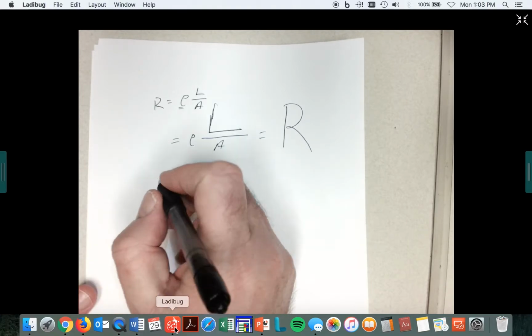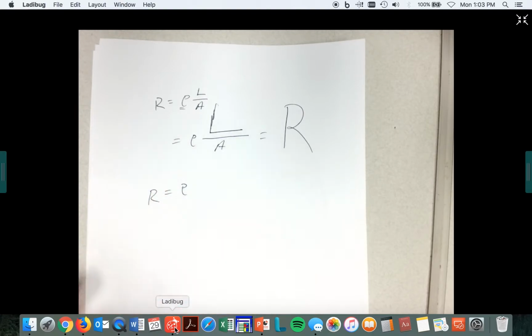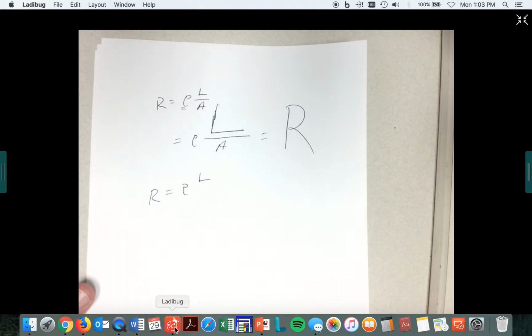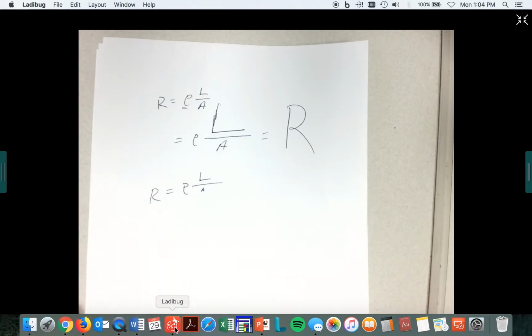Same thing happens if my resistivity, my claustrophobia, stays the same and I go up to a medium length dark tunnel, not bad, but the area is really small. I've got to get on my belly and crawl through this thing.